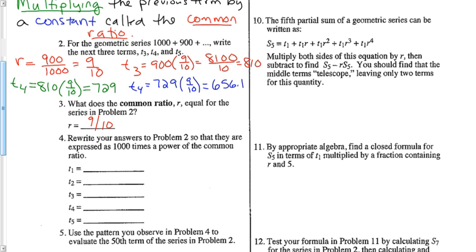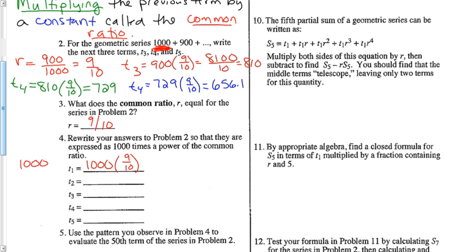In number 4, rewrite your answers to problem 2 so that they are expressed as 1,000 times a power of the common ratio. So we want 1,000 times 9 over 10 raised to a power. Now our term number 1 was 1,000. We knew that. That was given to us up in question 2.